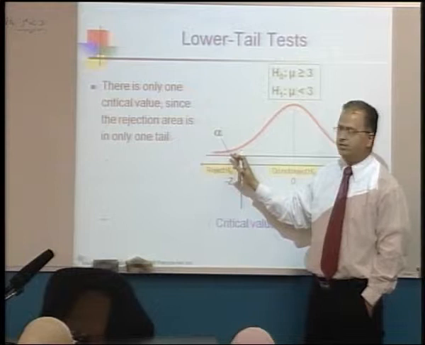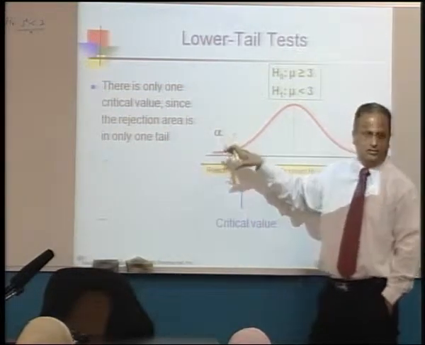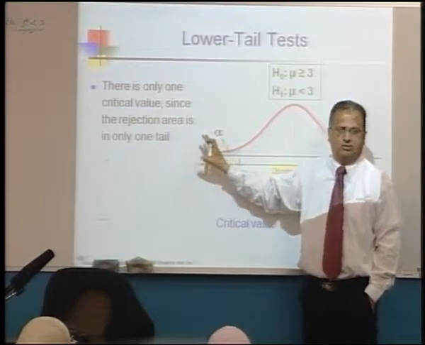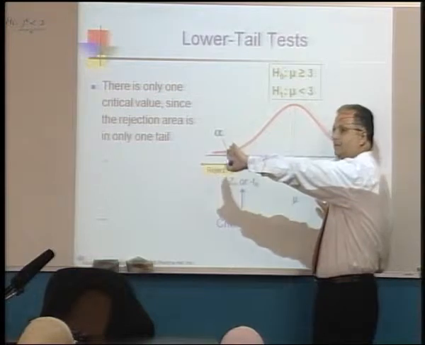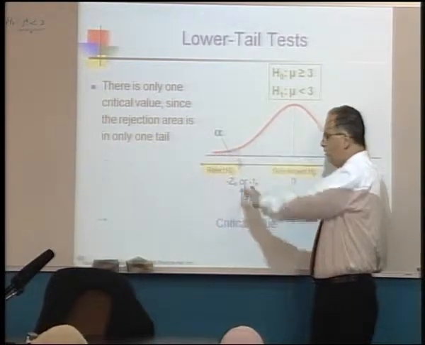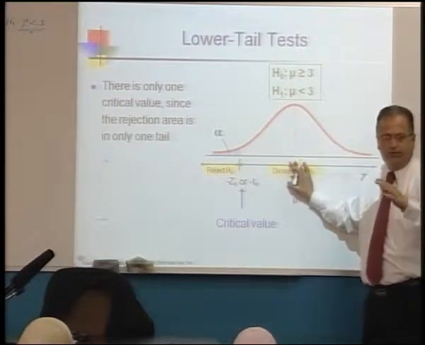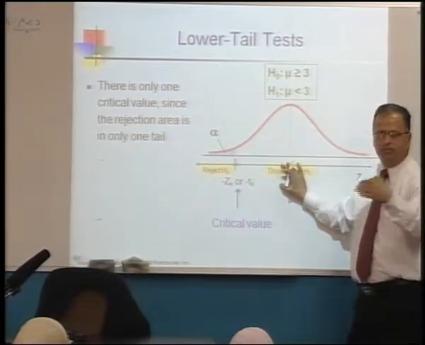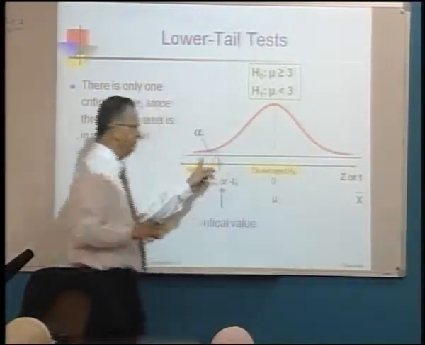But here there is only one side, one direction, so we keep alpha as it is. So the rejection region is below minus z alpha or minus t alpha, depending on whether sigma is known or unknown. It's the same concept as we discussed before. So my rejection region is the area to the left side.